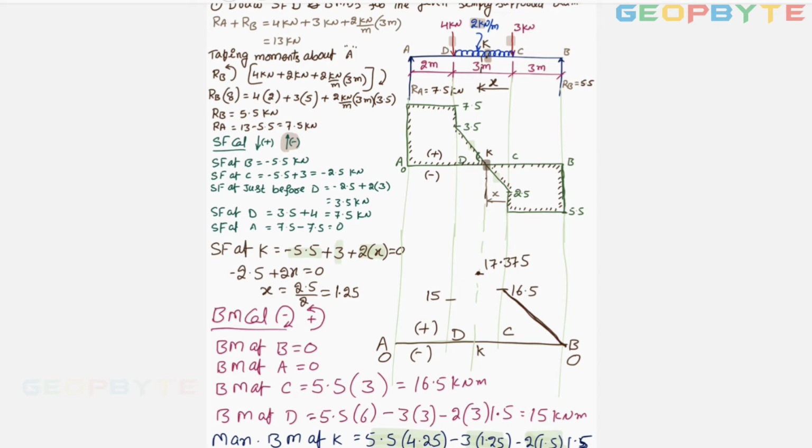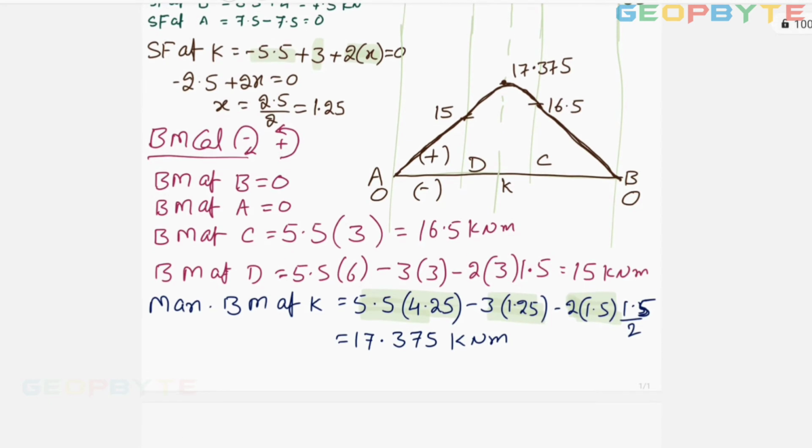But in between the D and C, what is there? UDL. UDL is causing parabolic variation like this. And in between the D and A, point loads are there. Point loads are causing straight line variation in the BM diagram. That is the BM diagram for the given simply supported beam.